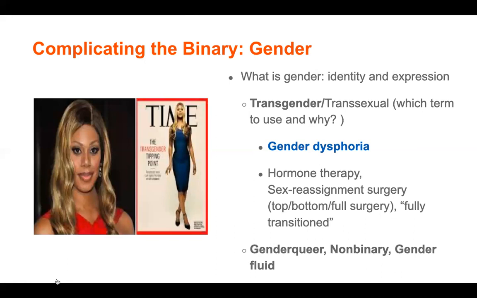Since that tipping point, since our societal acknowledgement that there are people who are rejecting the binary, probably spurred on by the internet and the ability to connect with like people and quickly introduce an idea or term into our general cultural vocabulary, we've had a lot of terms that relate to rejecting the binary that people might embrace and identify as, being genderqueer, non-binary, gender fluid, just to name a few.